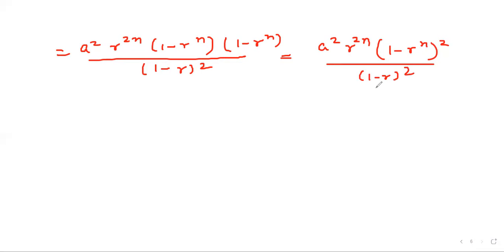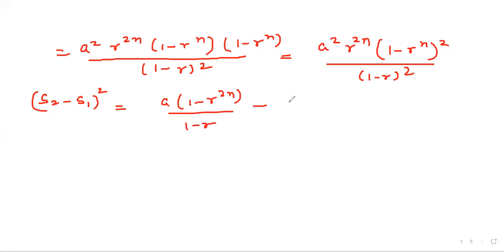Now let's consider RHS. So RHS is S2 minus S1 whole square. So we put the values: a times 1 minus r power 2n divided by 1 minus r minus a times 1 minus r power n divided by 1 minus r, whole square.